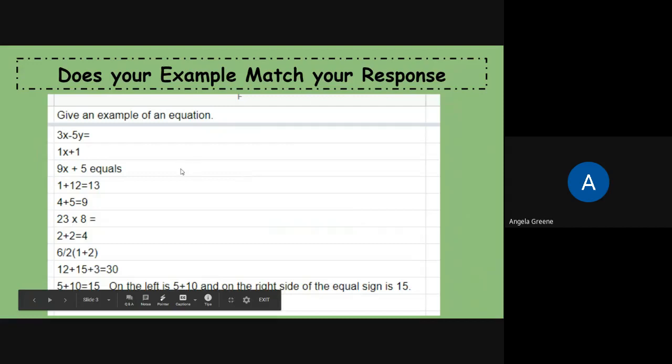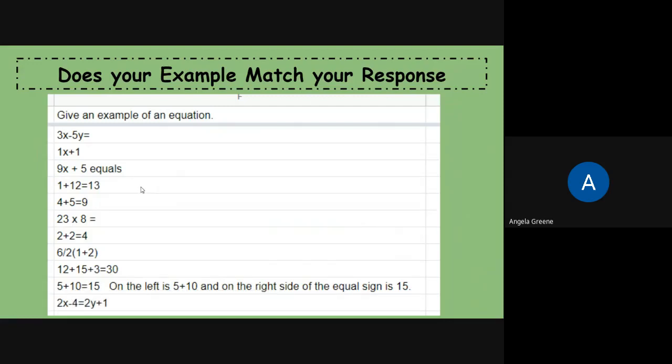So notice in these examples here how a lot of these have the equals, but like for this one, if I took off the equals, is that still an equation? Could I write 3x minus 5y equals without an equals? 9x plus 5 equals? Could I just leave it as 9x plus 5? Is it still an equation?